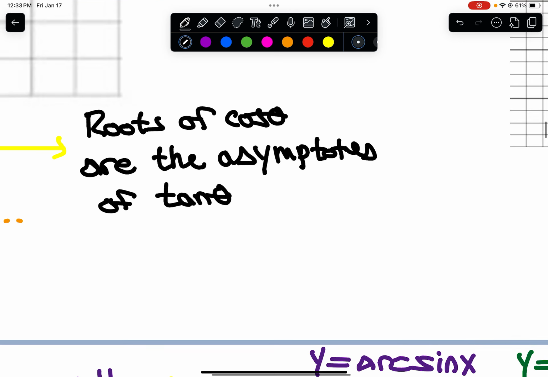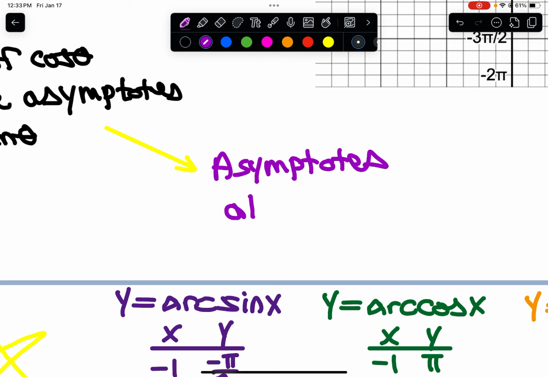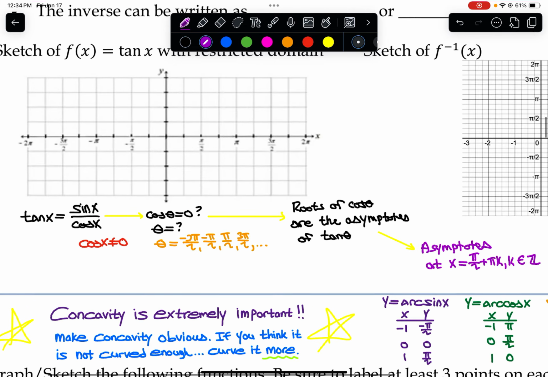So that tells us that we're going to have asymptotes at x equals pi over 2 plus pi k, where k is an element of the integers. So that's kind of how I think about it.